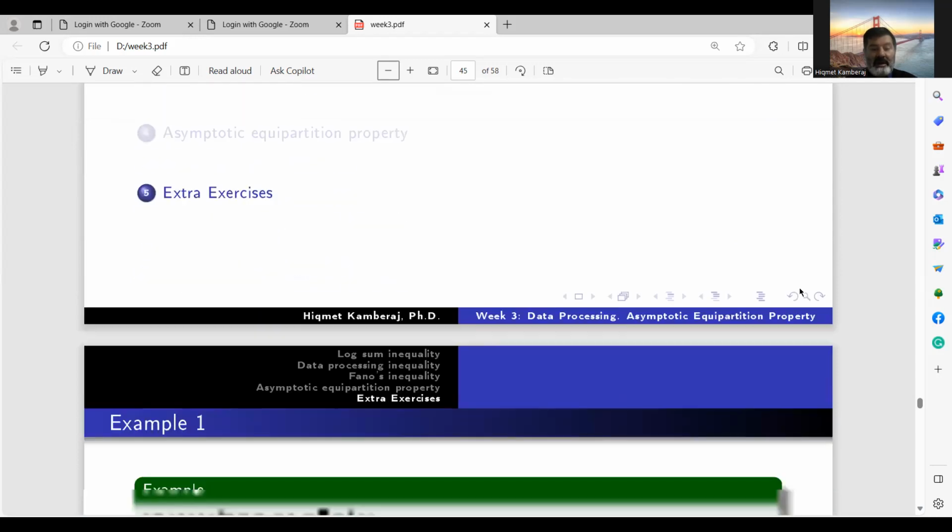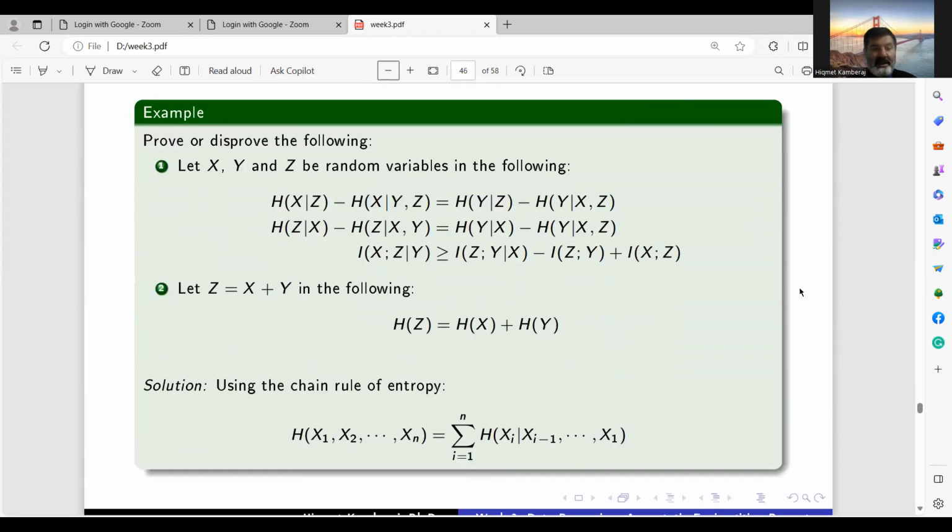Next, I'm going to give you some extra exercises. Prove or disprove the following. Let x, y, z be random variables in the following. All right? H of x given z minus H of x given y and z, is it equal to H of y given z minus H of y given x and z?